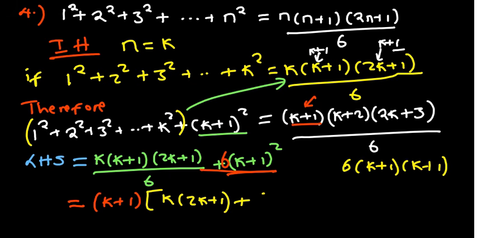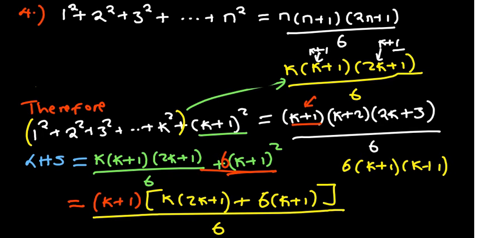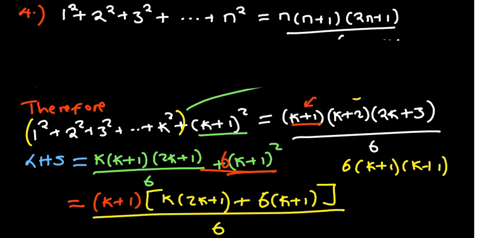So we are now remaining with 6 times k plus 1. Over what? This entire part is being divided by 6. So our goal is to simplify it and make it equal to the right hand side.